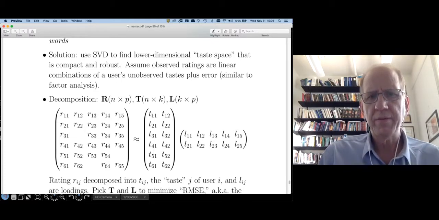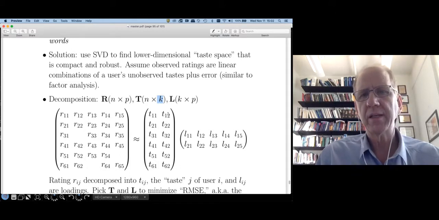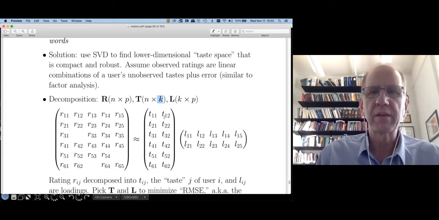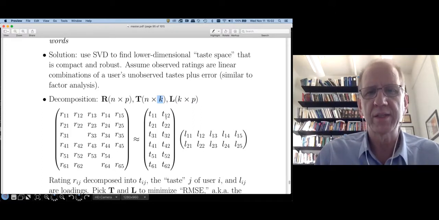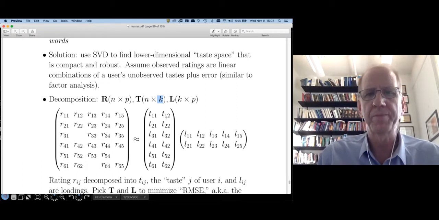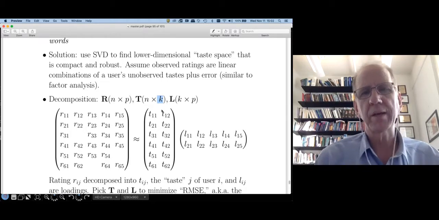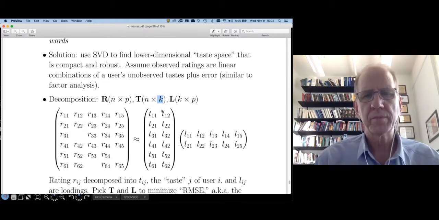We're going to have one row in this taste matrix for every user, and then we're going to have k columns in there which indicate these, whatever you want to call them. You can think of them as latent factors, like factor analysis, or you could think of them as concepts, as we had with latent semantic indexing. But these are going to be k dimensions that explain my tastes.